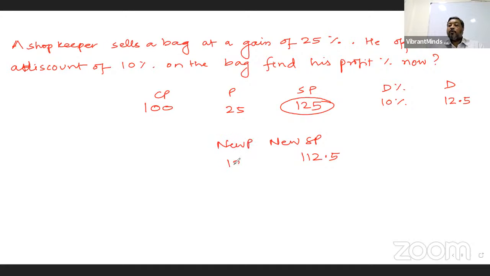New profit is only 12 rupees and 50 paisa because the investment is again 100 only. So how much is the gain percent? So profit percent is 12.5 by 100 into 100 and that is 12.5% now.